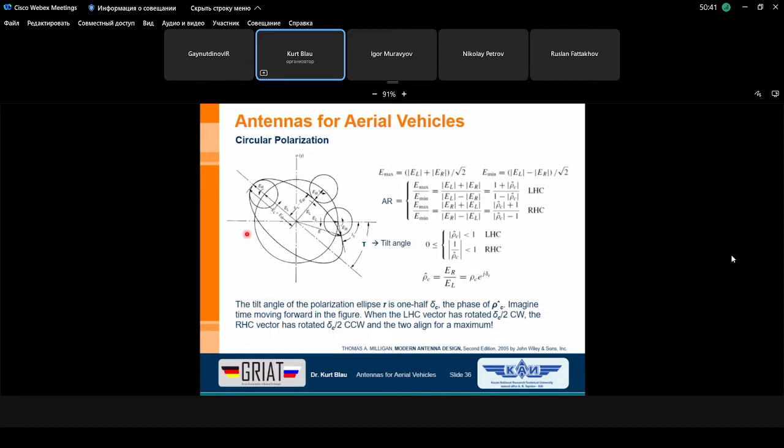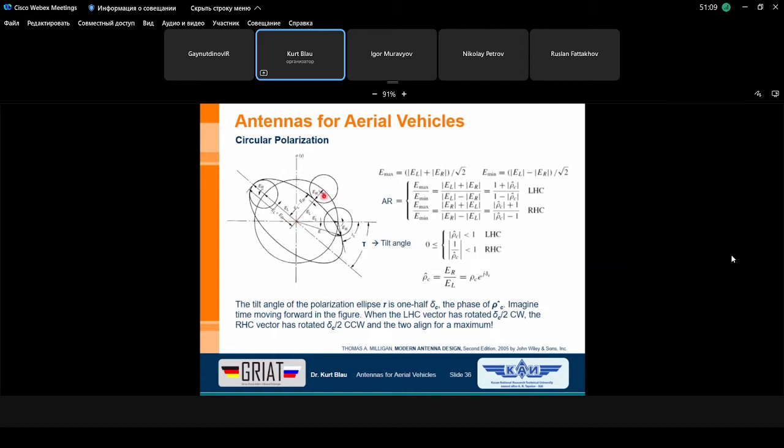The starting point is what we want to have, at least the circular polarization. Here, this is the full circle, and the radius of this circle is not the sum of the different components. It's the sum of both components, right?